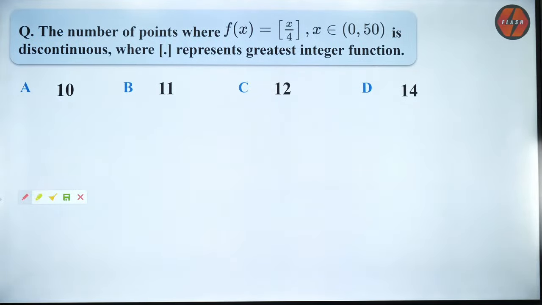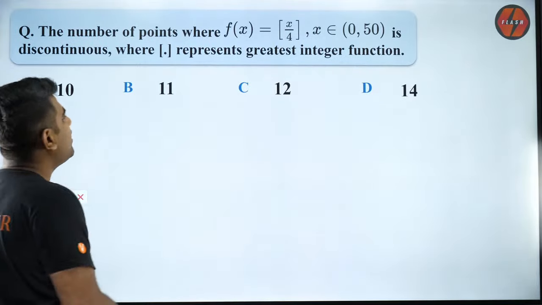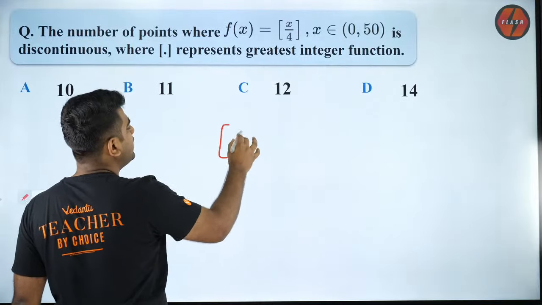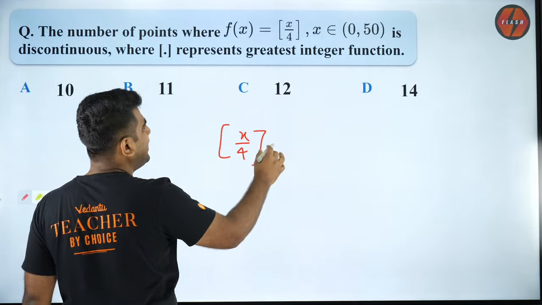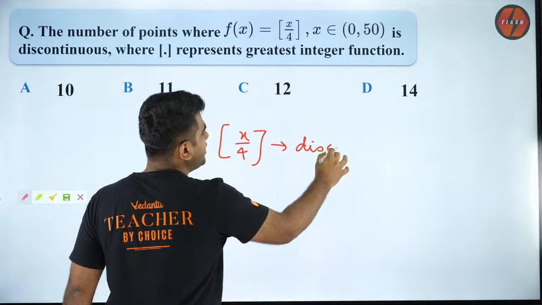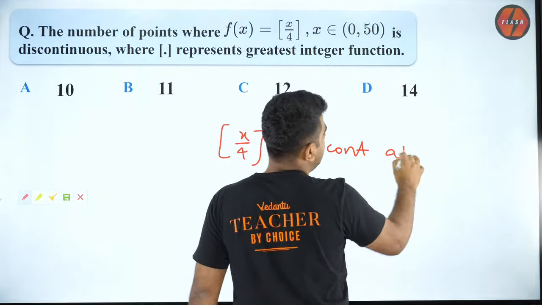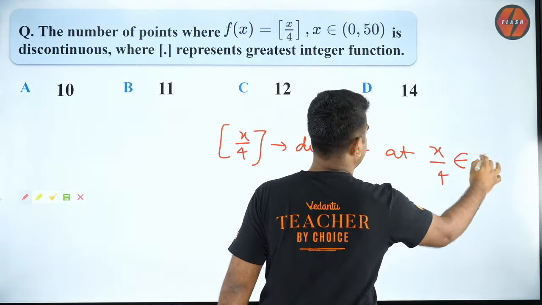Yes, Diya, absolutely. I didn't teach you standard limits in detail, so I did not use that. You are right, Diya. We can use that. That is what I call standard limits. So guys, the answer is 12, because when will GIF of x by 4 be discontinuous? It will be discontinuous at x by 4 belonging to integers.